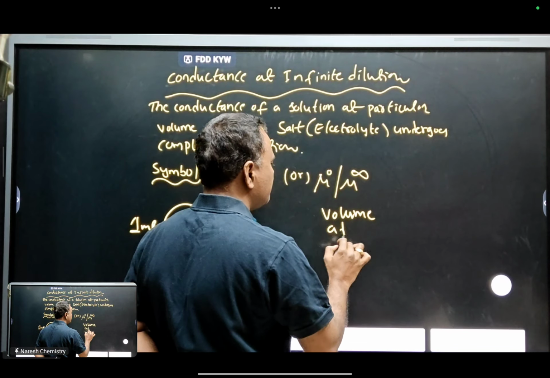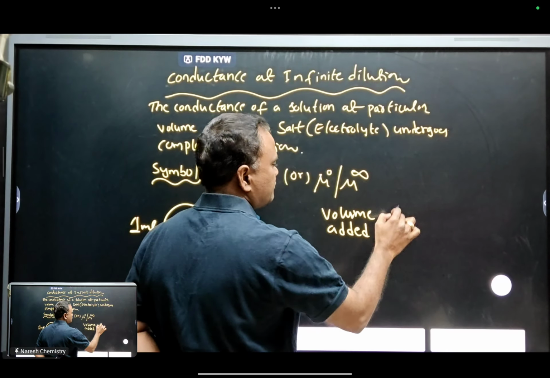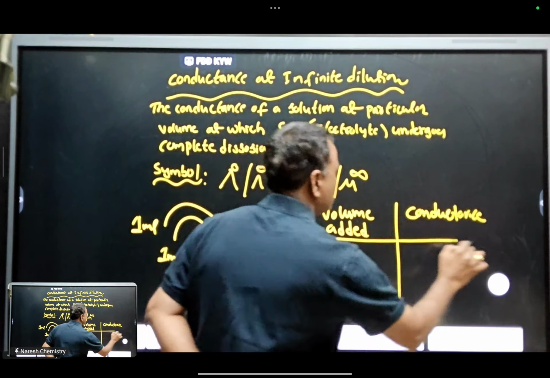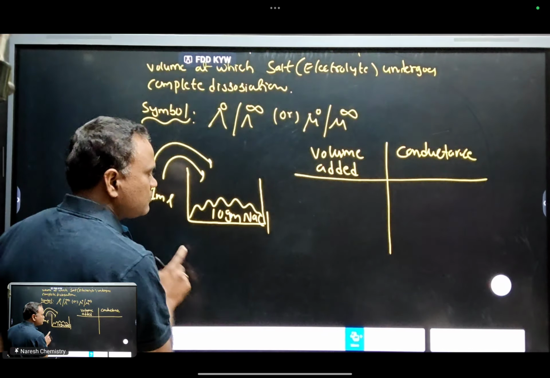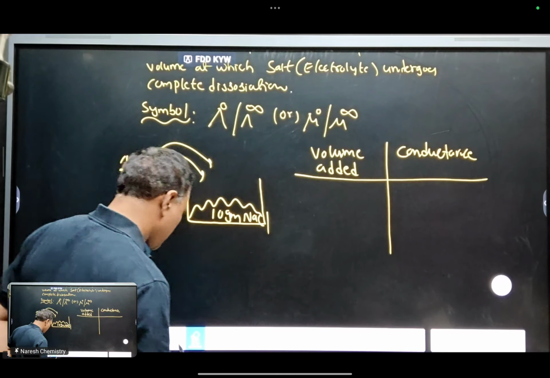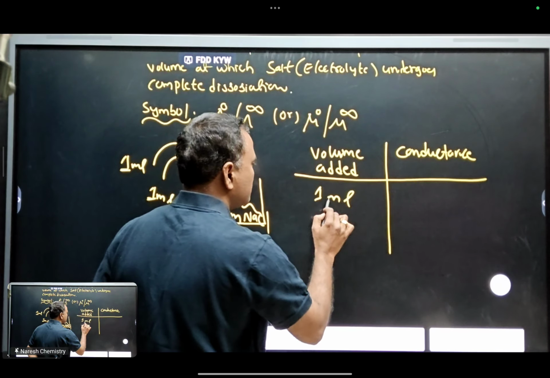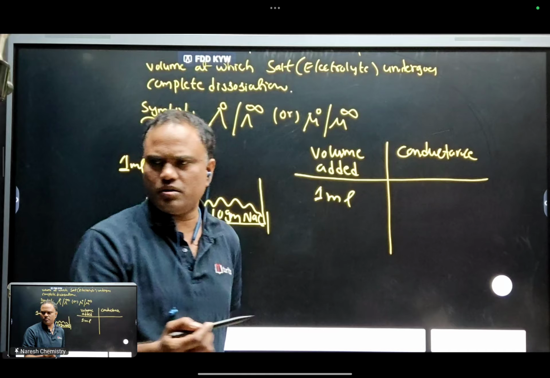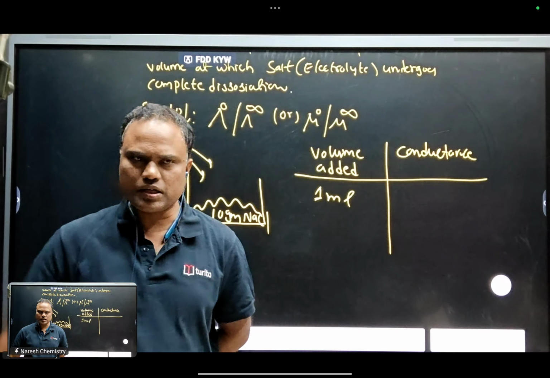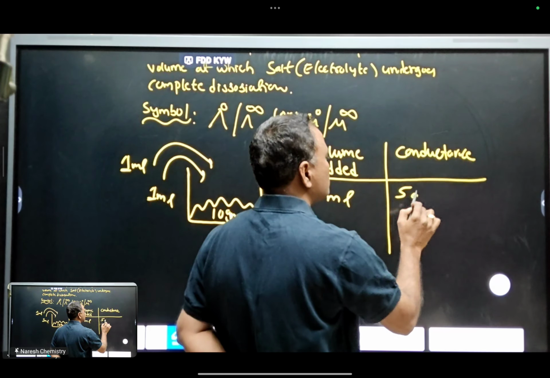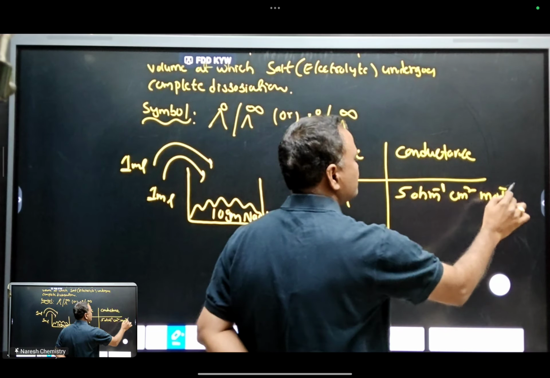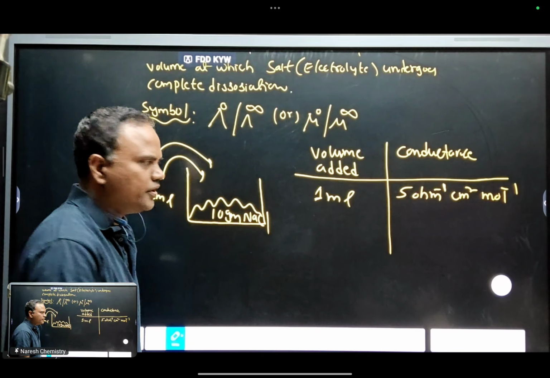Volume of water added and conductance. For 1 ml, assume that some ions will generate and the solution conducts current, and that value is approximately 5 ohm inverse centimeter square mole inverse. 5 is some random value.